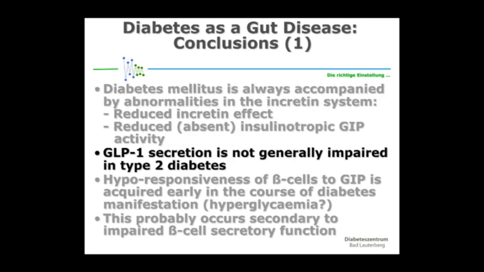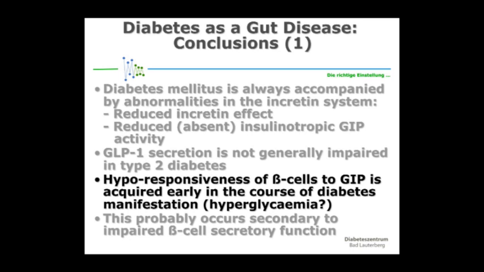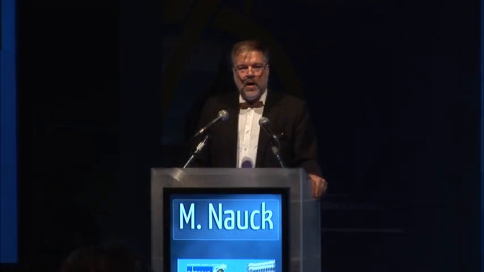I hope I have convinced you that GLP-1 secretion is not generally impaired in type 2 diabetes, variable findings from different studies. We believe that the hyporesponsiveness of beta cells to GIP is acquired early in the course of diabetes manifestation.